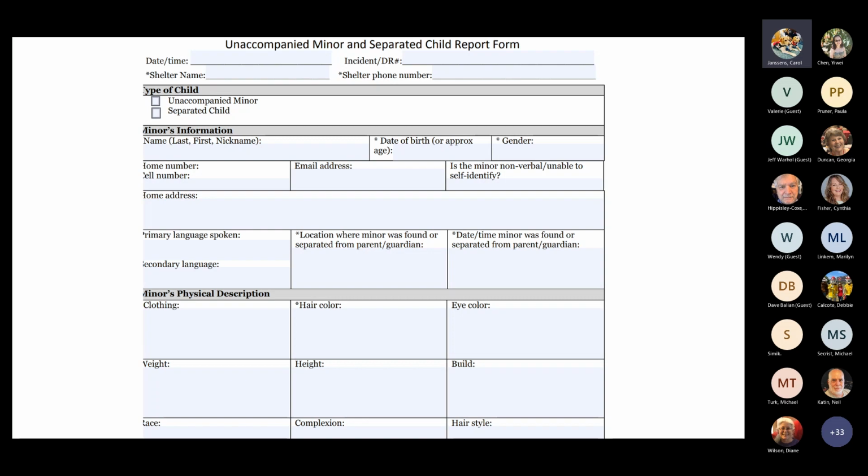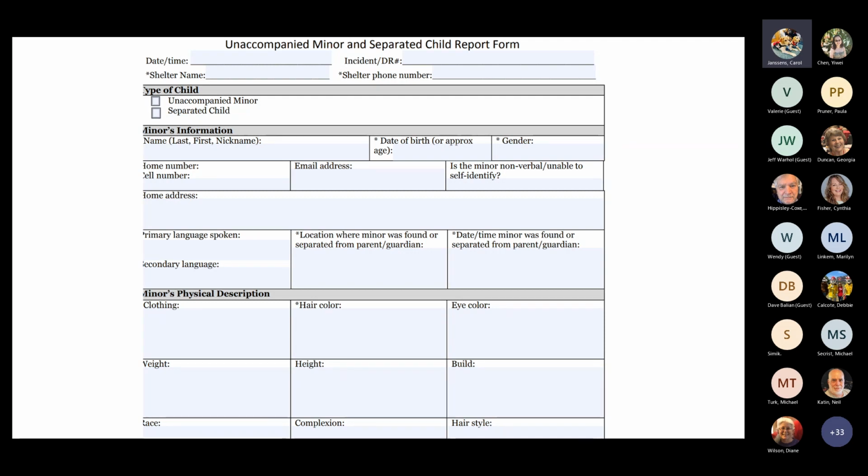Mainly, we try to keep them in a separate area, and we should have two staff with them, which also means that if you're short staffed, the manager needs to get to headquarters to get more staff brought in. This is a form you fill out, and then the unaccompanied minor will go to reunification, who will work with child welfare or the local police department on the child that doesn't have a parent.